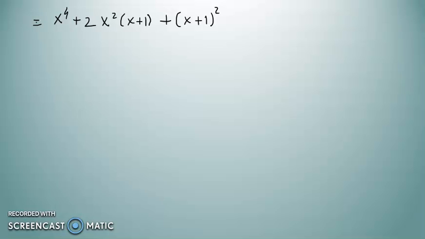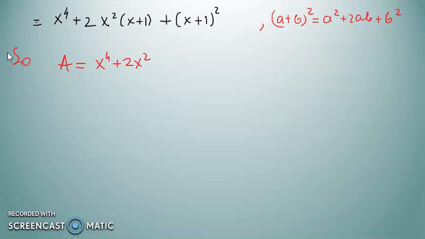And what does this look like? Don't forget the formula for the binomial squared. I'll remind you one more time: a plus b squared equals a squared plus 2ab plus b squared. Let's see what is happening here. We have x to the fourth plus 2x squared times x plus 1 plus x plus 1 squared.